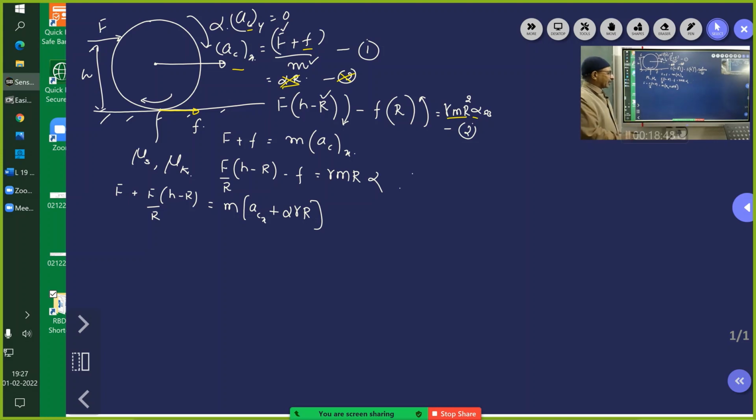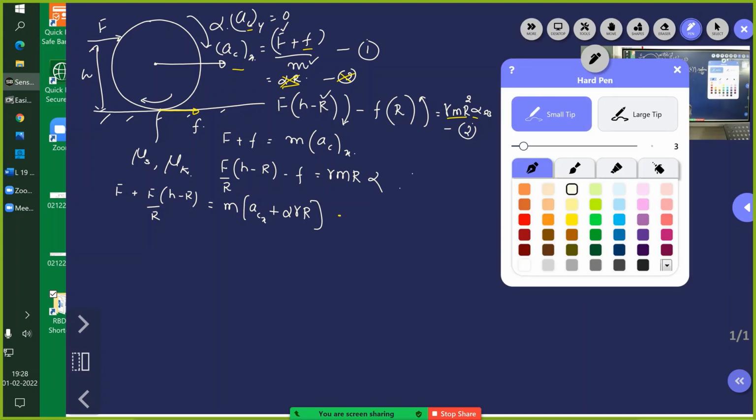Now our next task is what we have got to do here. If you say it is not slipping, then you can jolly well write a_cx is equal to alpha r, and you can get 1 into gamma.